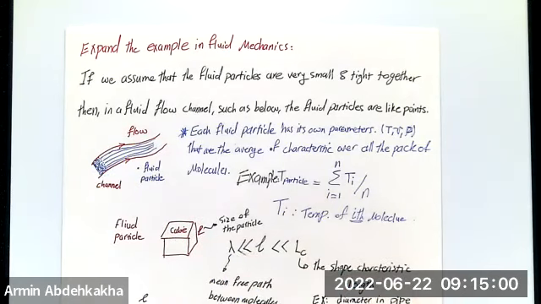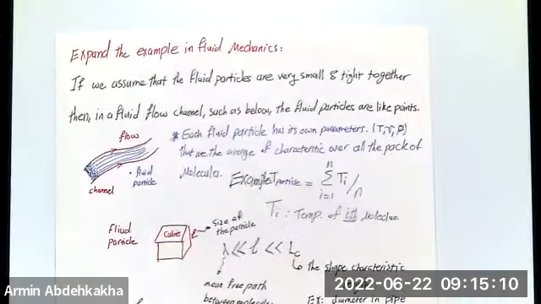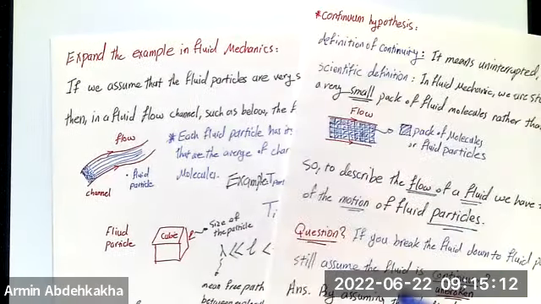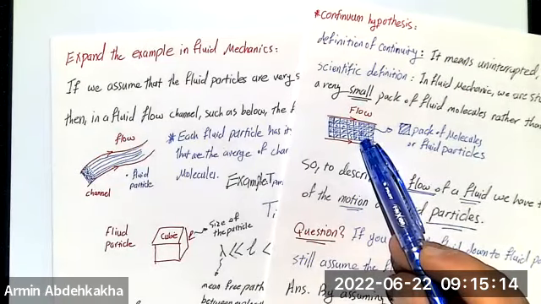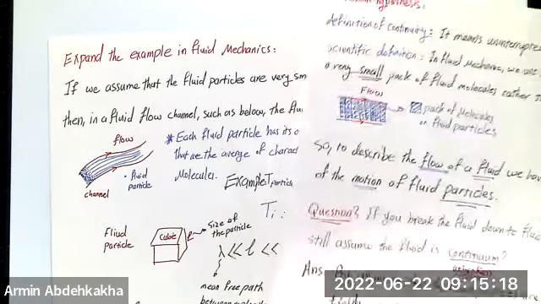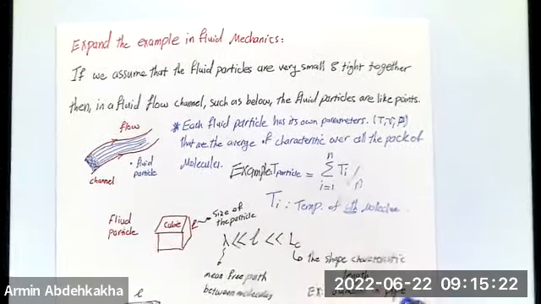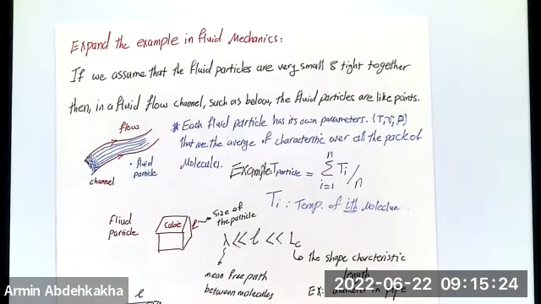Yes, it is a box of fluid, a pack of molecules, but this is just exaggerated here to be very big, right? Here it is exaggerated, but in a fluid it is like a dot. Okay, so I'm going to show you how much smaller it is compared with the diameter of the pipe, okay?